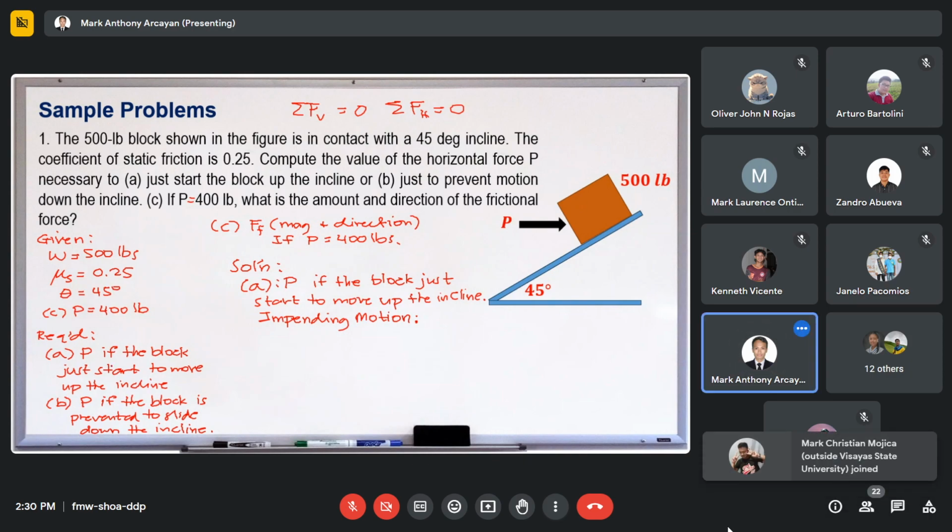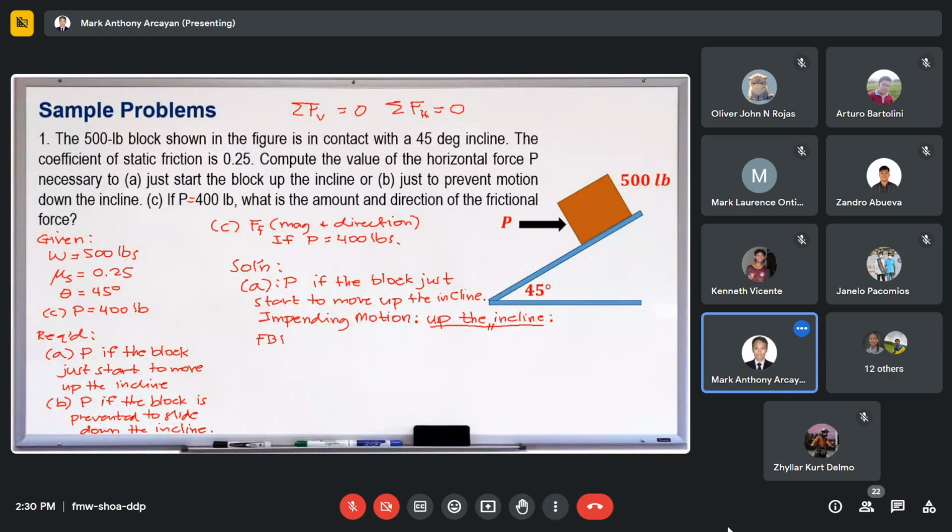Okay, continue ta. Since it's stated here that our block is just starting to move up the incline, the impending motion is up the incline. We use this direction of the impending motion because it gives us information on the direction of our frictional force.